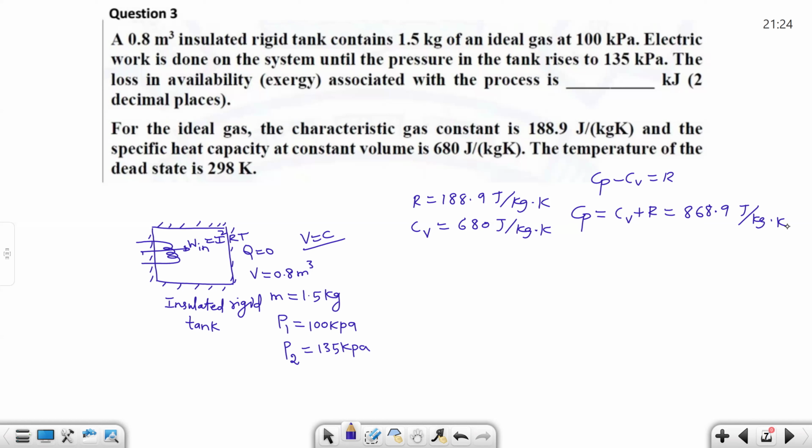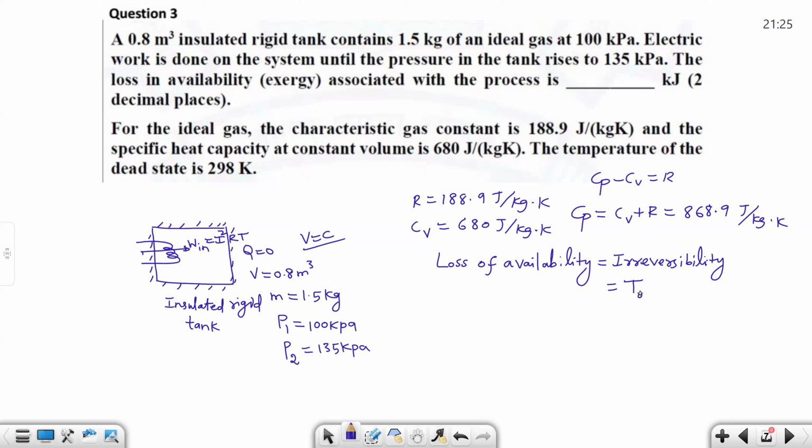So now the loss of availability. Loss of availability is nothing but irreversibility. Irreversibility is T0 times entropy generation.